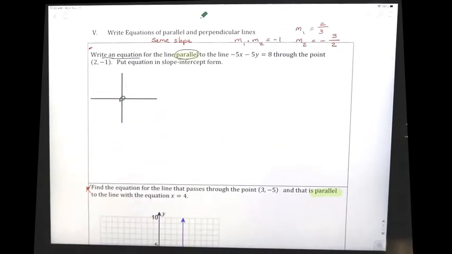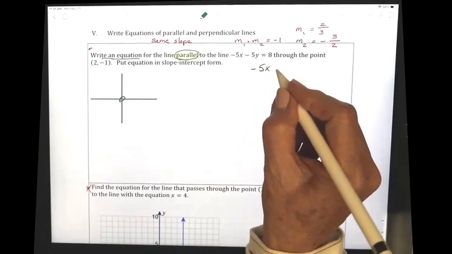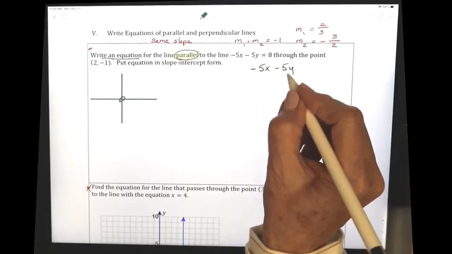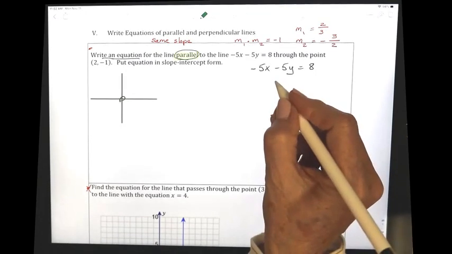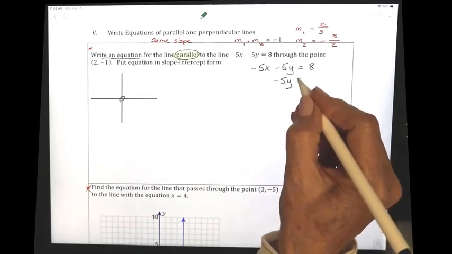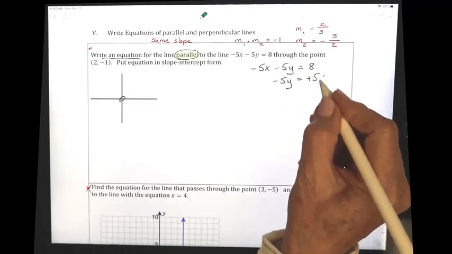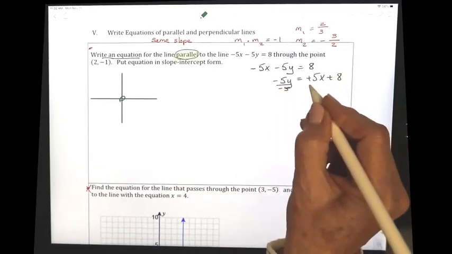So I'm going to sketch in a quick grid. I'm going to take the equation and I'm going to solve it explicitly for y. So I'm adding 5x to both sides, and then I'm dividing by -5.